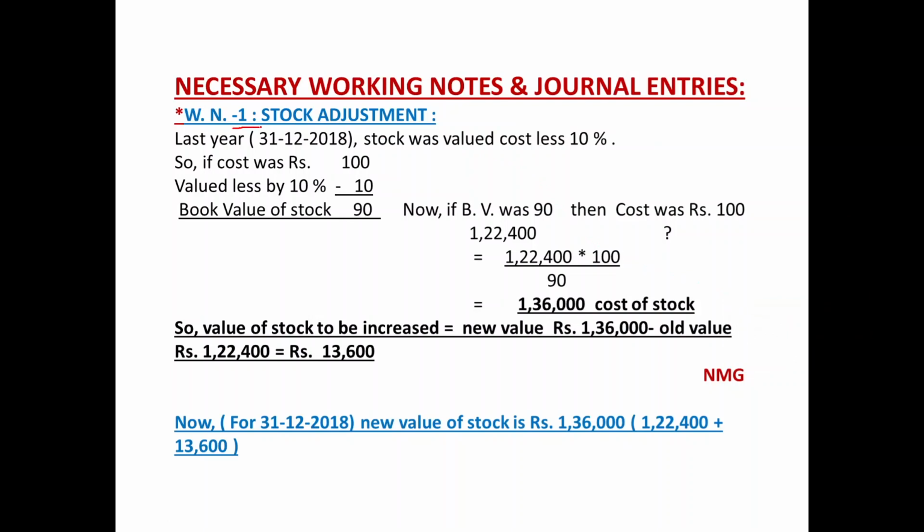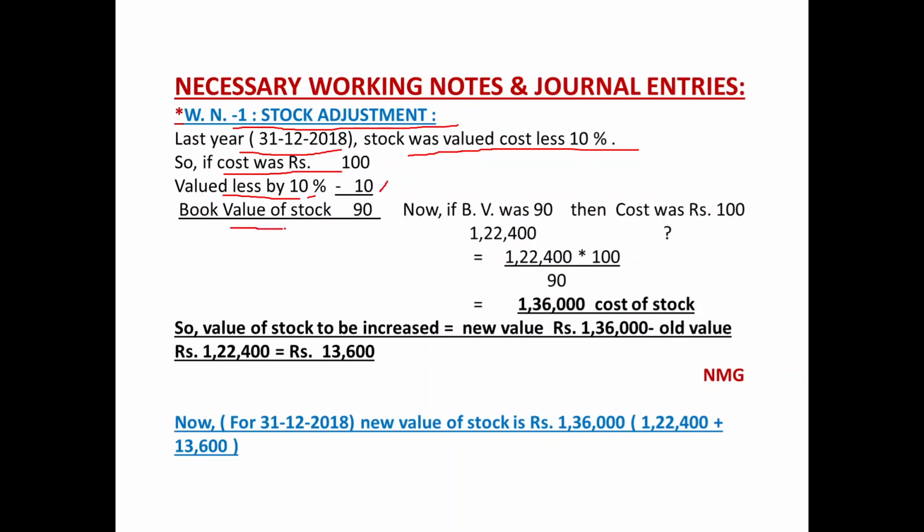This is the working note number 1, stock adjustment. Last year, that is 2018, stock was valued cost less 10%. Let us assume if cost was 100 rupees, then it was valued less by 10 percentage. 10 percentage of 100 is rupees 10.